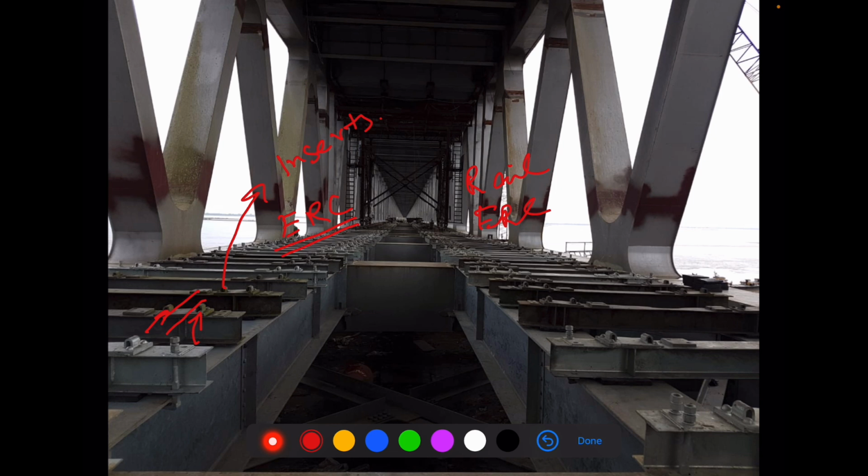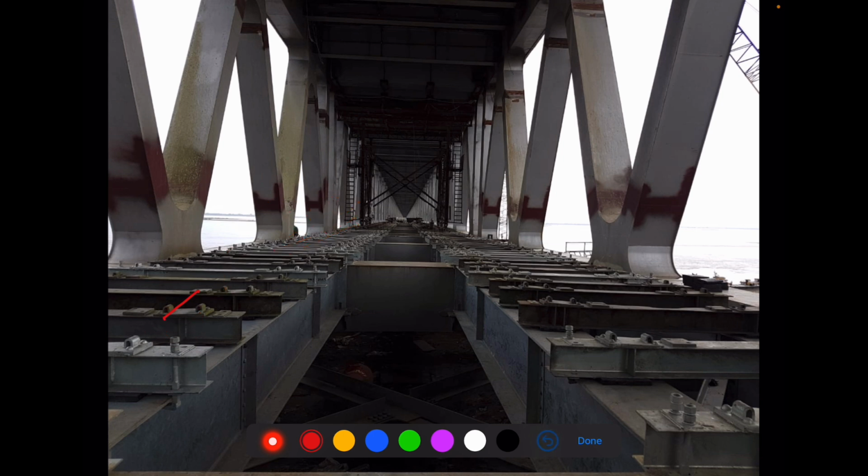Again, we want to avoid metal to metal contact. That's why there is a small rubber pad in between the rail foot and the steel sleeper. Okay. Now, let's explore a steel bridge sleeper in more detail.